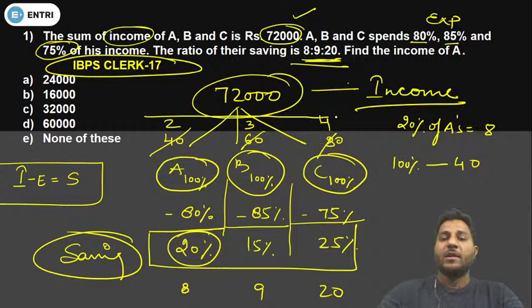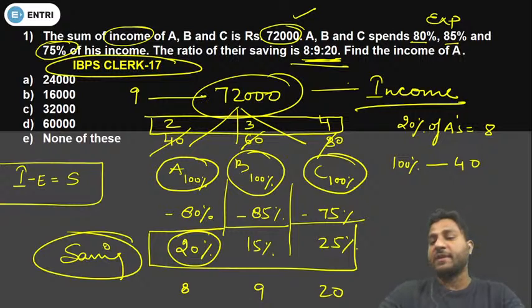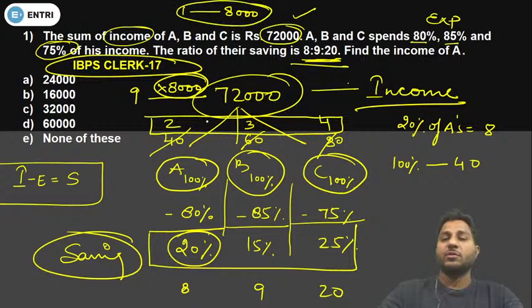Now the total is 9 ratio. So 9 ratio equals 72,000, which means 1 ratio equals 8,000. If we have figured out that 1 ratio equals 8,000, we can find out anyone's income. A's income will be 16,000.